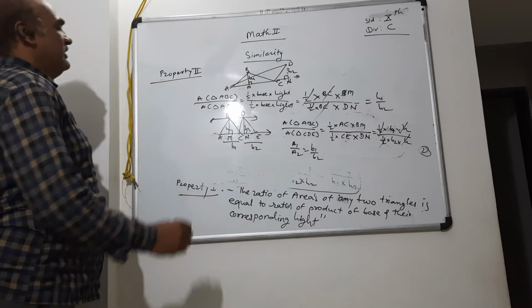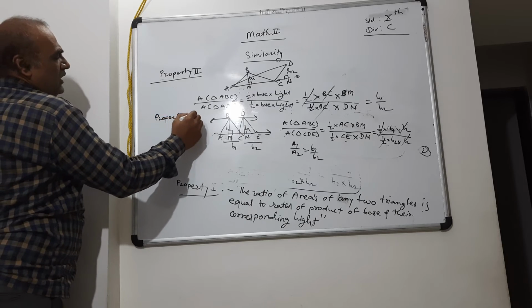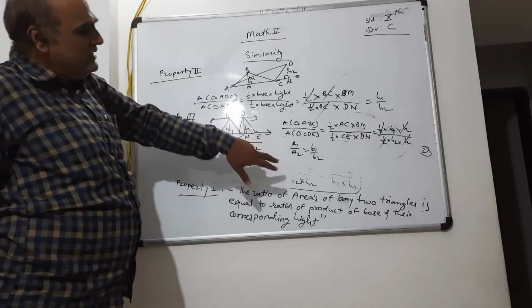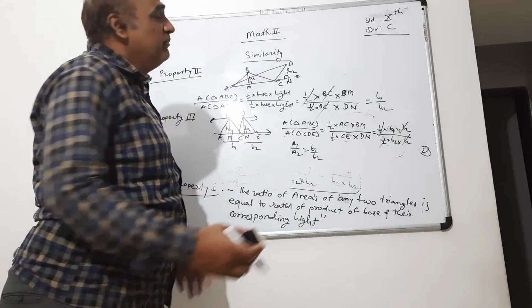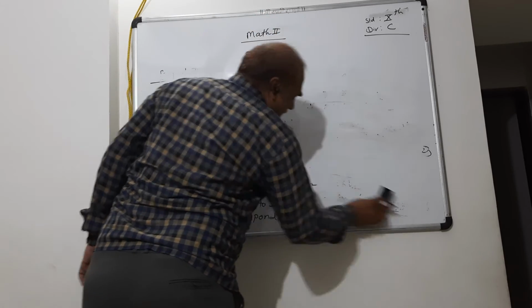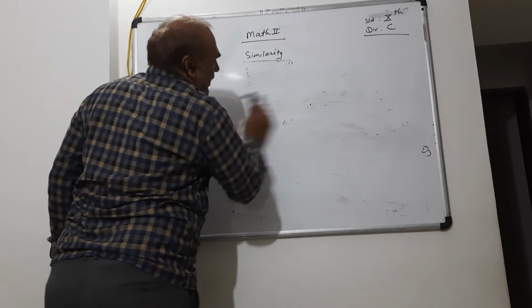We got property 3: the ratio of areas of any two triangles having the same height is equal to the ratio of their corresponding bases. So we studied here the three properties of areas of any two triangles.